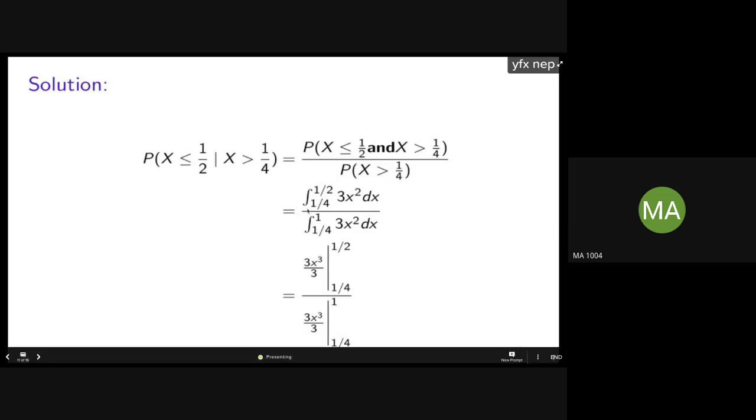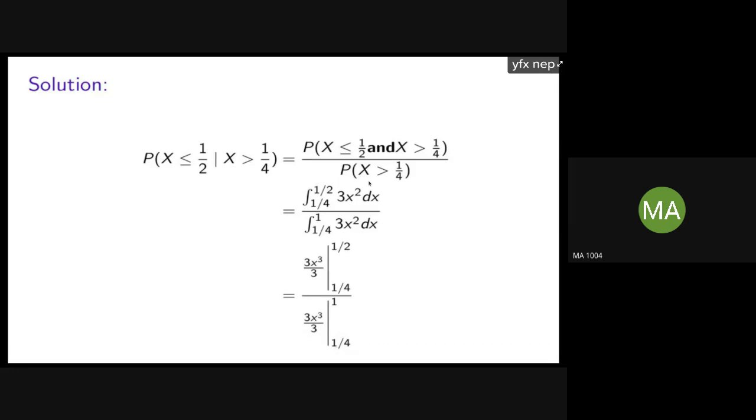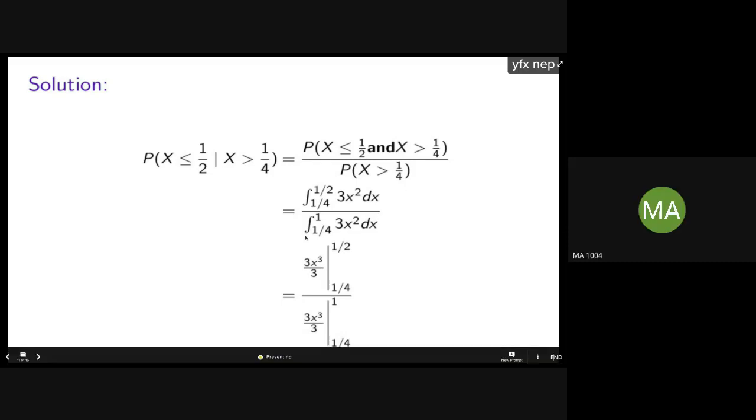So integrating over 1/4 to 1/2, 3x square dx, and for the probability that x is greater than 1/4, we integrate from 1/4 to the upper limit. The upper limit should be 1, because the range of x is up to 1; beyond that the probability is 0. So we integrate between 1/4 and 1.